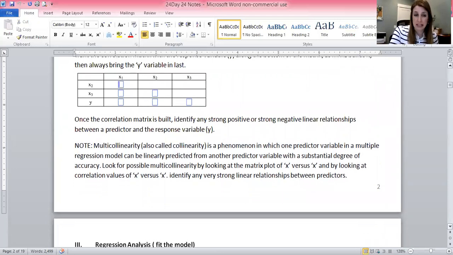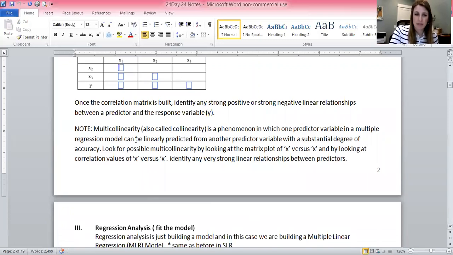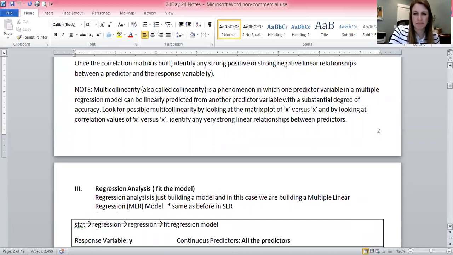So you can always jump ahead and do that if you see two x predictors have a strong value. By strong, we mean close to -0.9 to -1, or +0.9 to +1. That's very strong. That's what we're looking at, and you get that from the correlation.